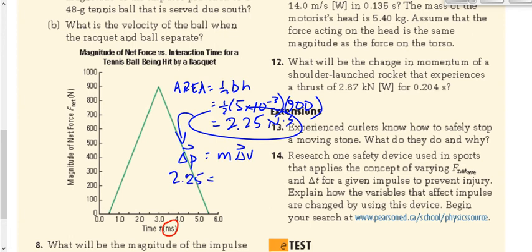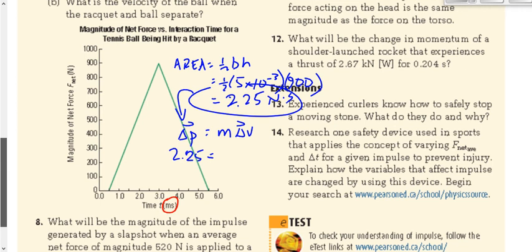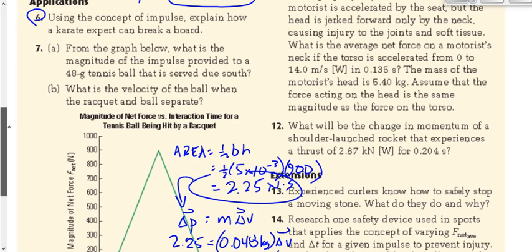The mass here given to me is 48 grams, or 0.048 kilograms. And then we multiply that by delta v. If I divide 2.25 divided by 0.048, I get 46.875. That's my change in velocity. Now, does it say it started from rest?